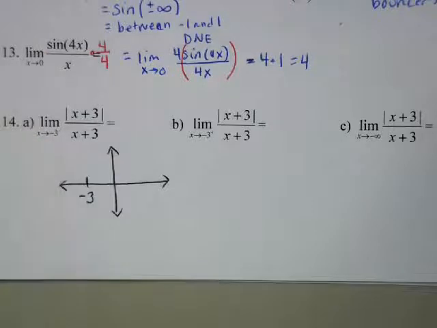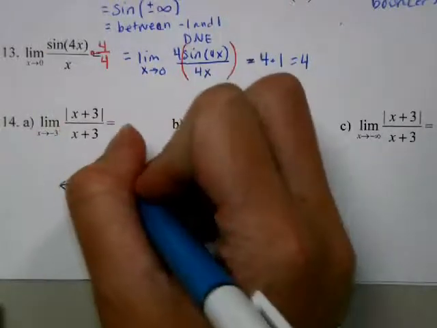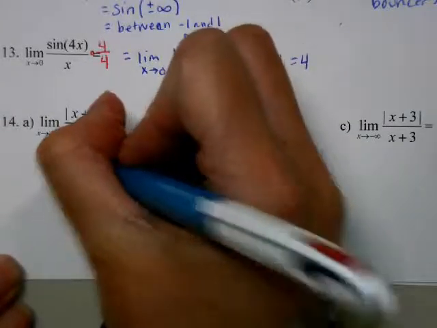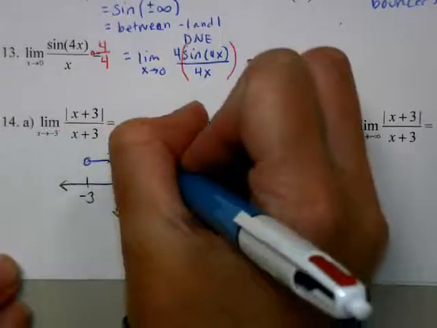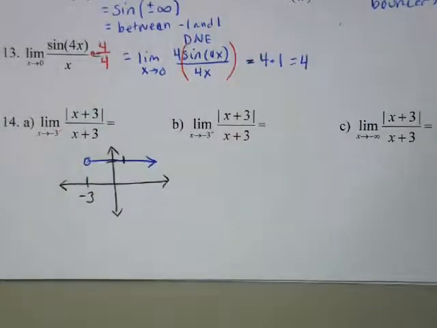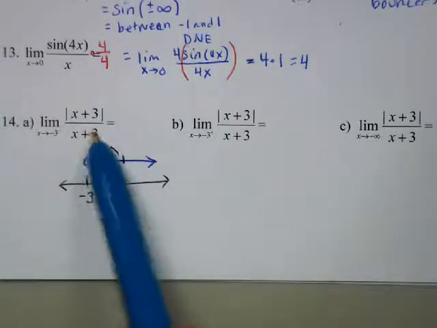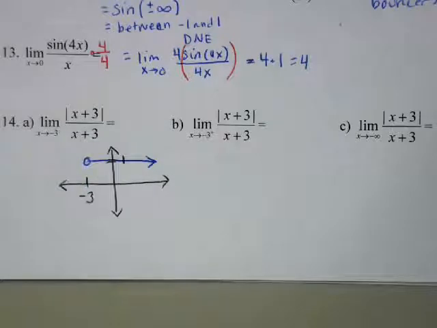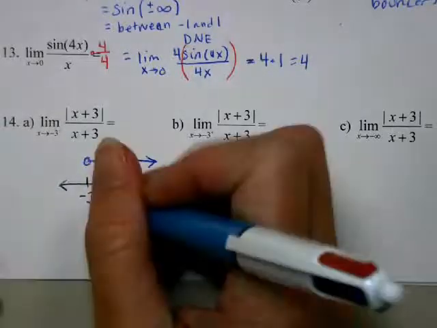And if you have the same thing over the same thing, that is 1. So I'm going to put an open dot here, like that. Now as I approach it from the negative side, they're still going to be the same value, but the top is always going to be positive and the denominator is going to be negative. So for the bottom, it's going to negative 1.